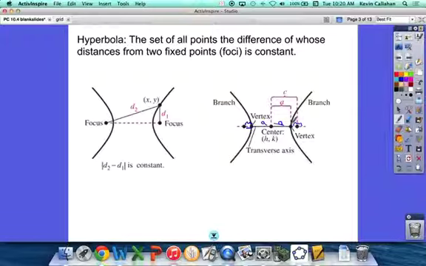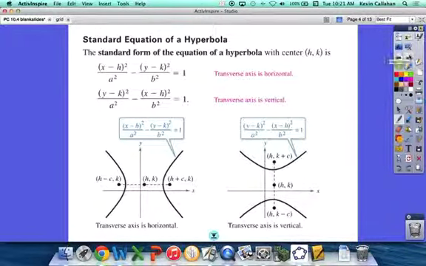And what else is different about this? Now we use the word transverse axis, where in an ellipse we call it a major axis. Now we're calling it a transverse axis. A little bit of a vocabulary word. So we have two standard equations, depending on whether it's a horizontal transverse axis or vertical transverse axis.